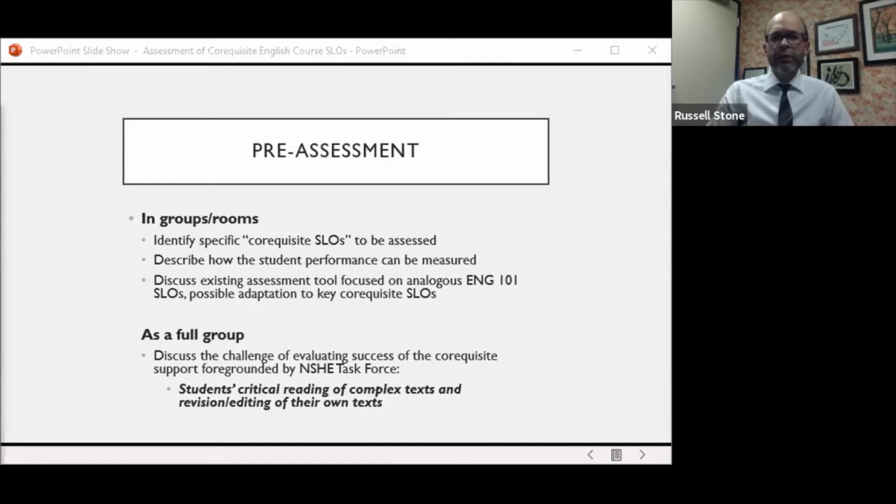I also want to say that for the first breakout session, everyone will be assigned to a room arranged by your home institution. So we're going to ask that task force leads, that institution leads, help manage the conversation in their respective rooms. And when you are assigned to your room, take just a few moments to quickly get to know each other institutionally, so to speak, as far as assessment is concerned.